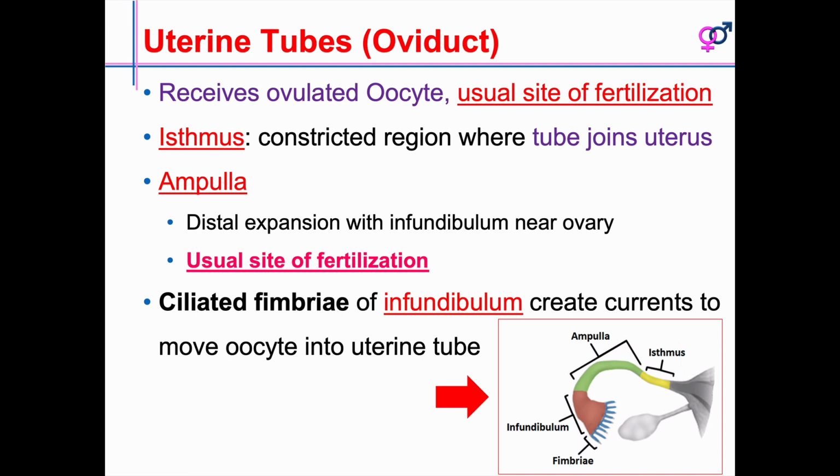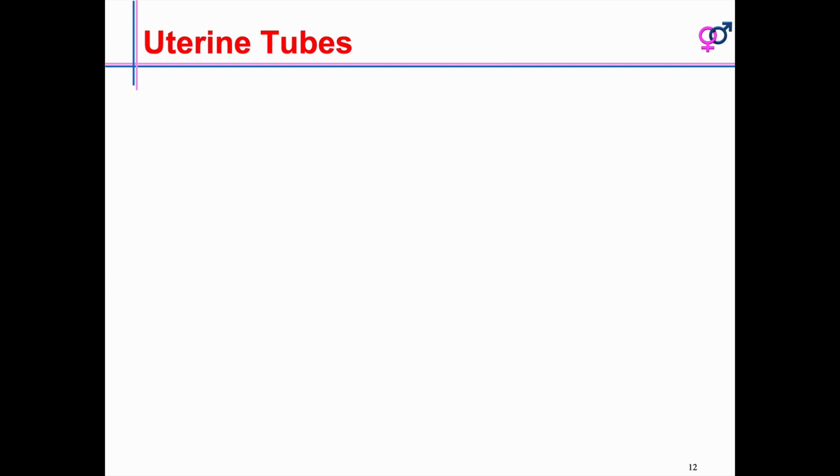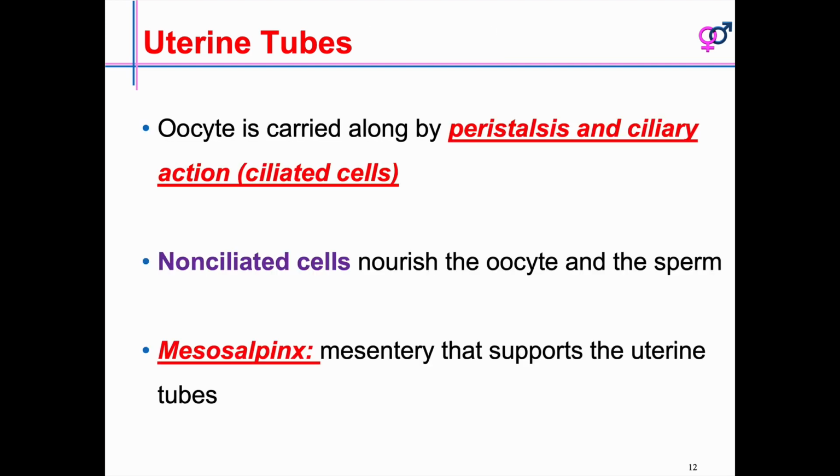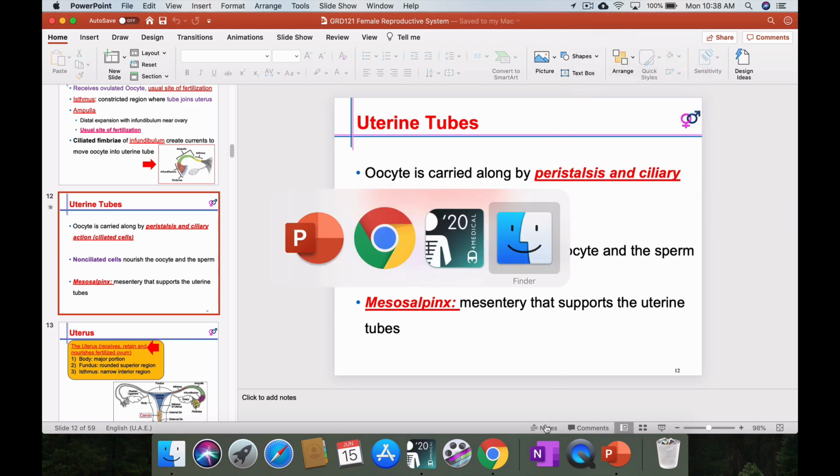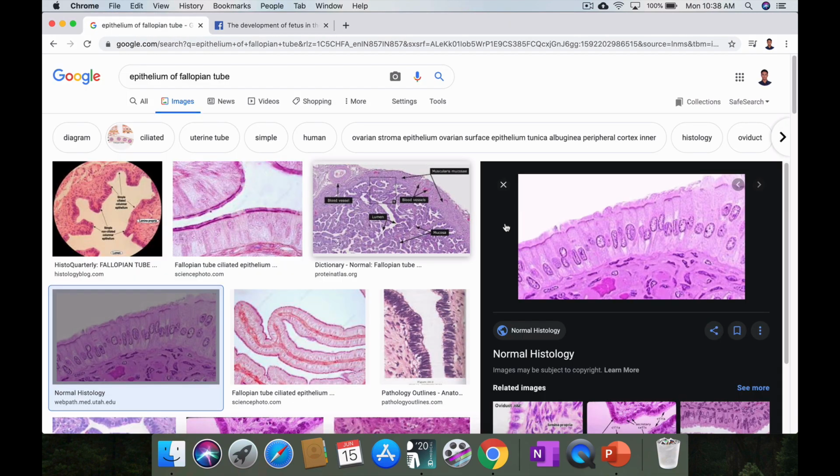Okay, so we have to understand about the ciliary movements. What is this ciliary movement? If you look at the epithelium of the fallopian tube, you have lots of cilia, that is hair-like structures.